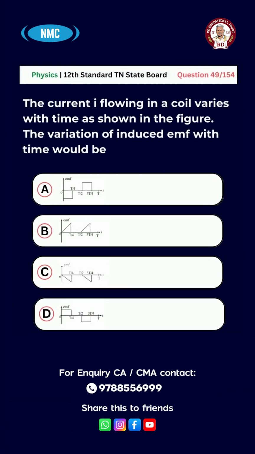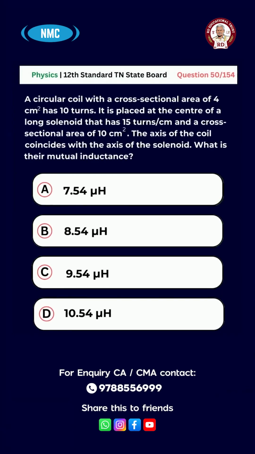Question number 49. The current I flowing in a coil varies with time as shown in the figure. The variation of induced EMF with time would be, so there are various options. The right answer is option A. Question number 50. A circular coil with a cross-sectional area of 4 cm² has 10 turns.